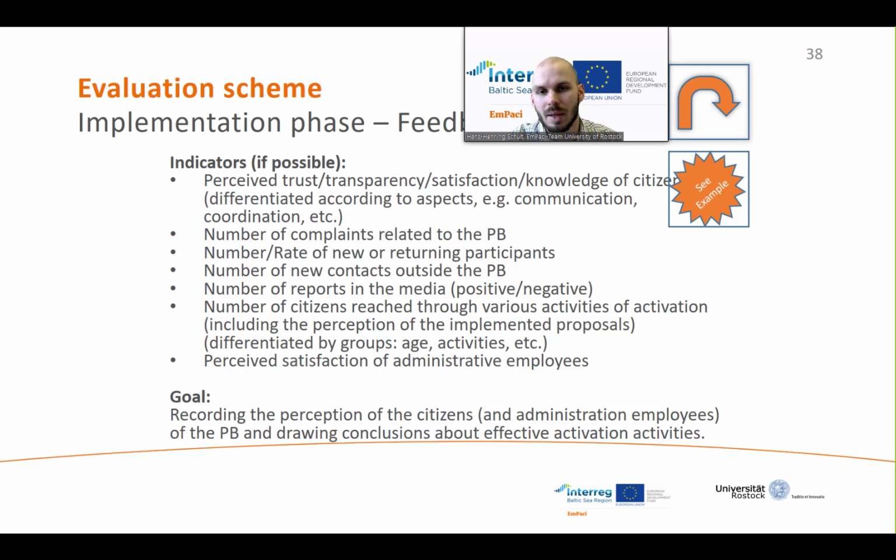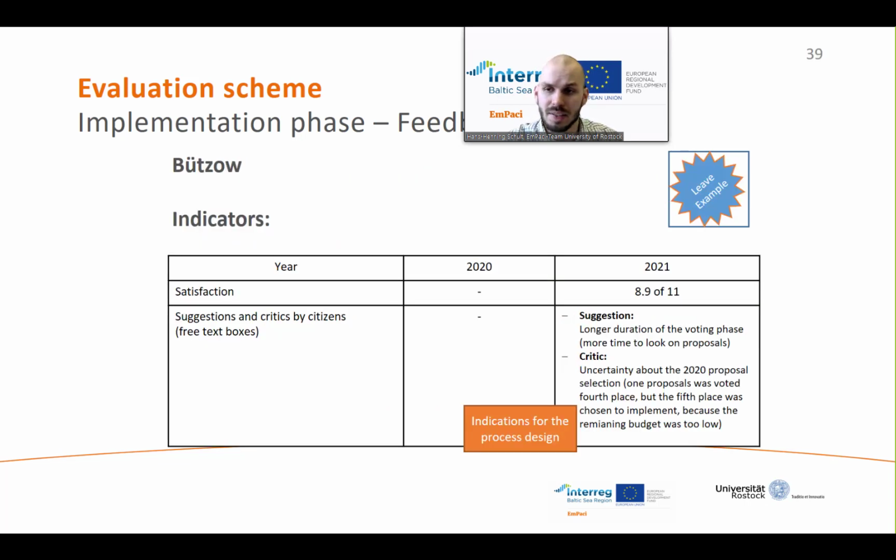When we look at the example of Bützow, we see that the satisfaction asked in the questionnaire was really high, nearly 9 out of 11, which is very respectable, a very good satisfaction with the process overall. That was the result from the citizen survey. But there were not just good things; there are also things that should be improved, and the citizens were asked what they want to improve, what their critiques are, and so on.